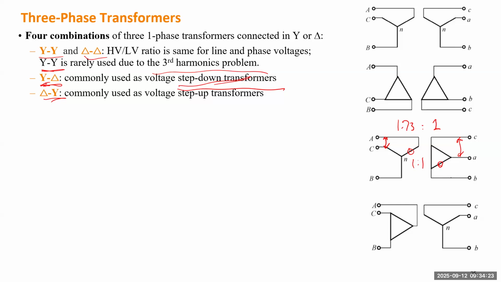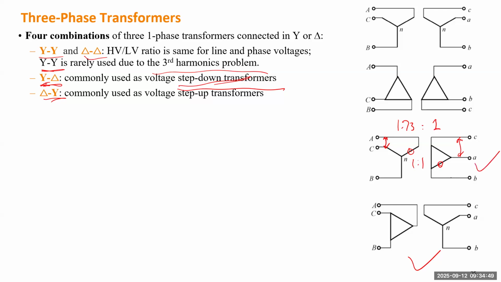If you really want to build a step-down transformer, you don't want to make this one the step-down transformer, because the ratio for each phase is 1-to-1, and the other ratio is 1 to 1.73. If you want the primary side to have higher voltage, you need more turns. That's not the efficient way to design the transformer.